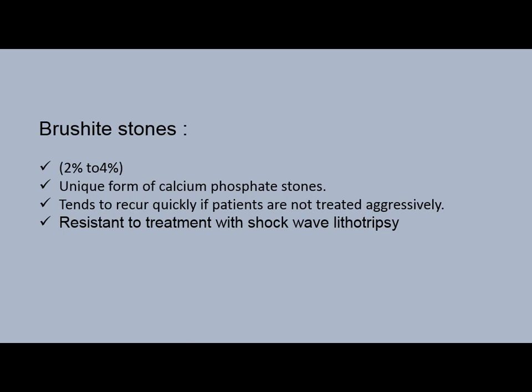Some points about brushite stones. What are brushite stones? They represent about 2 to 4% of stones. They are a unique form of calcium phosphate stones. They tend to recur quickly if patients are not treated aggressively. And the most important thing is they are resistant to treatment with shockwave lithotripsy.